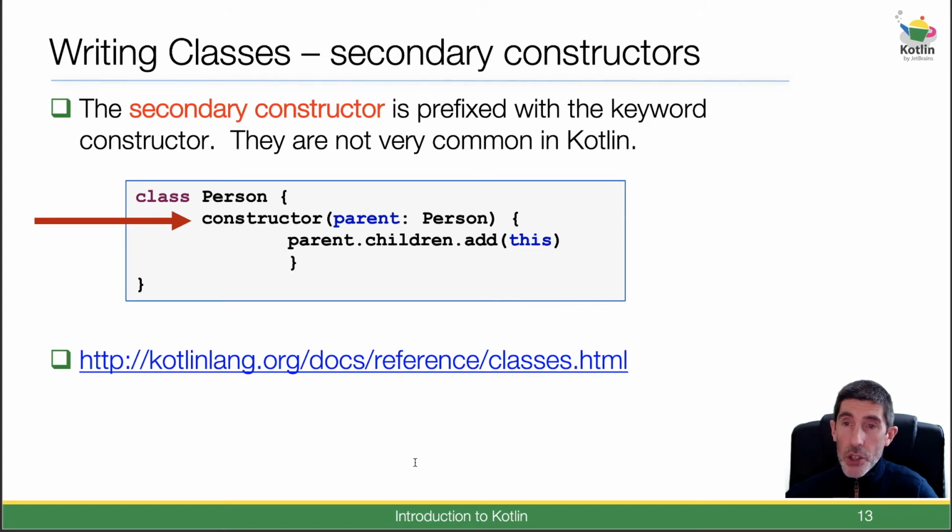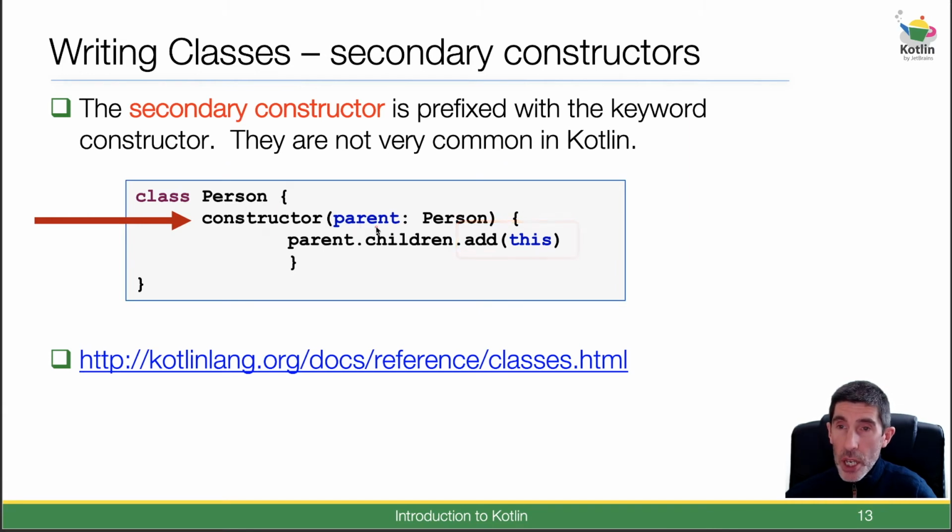Just in this example here, for argument's sake, when we create a class person, we're passing in the constructor another person object, we're calling it parent, and we're assuming here that parent object has within it possibly a list called children, which allows us to add another person to that list.